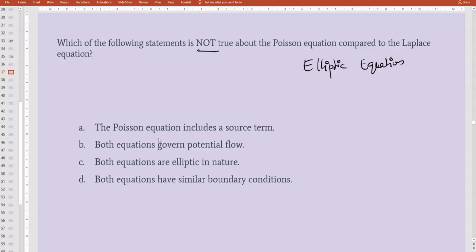Before that I will read the options. Option A, the Poisson equation includes a source term. Option B, both equations govern potential flow. Option C, both equations are elliptic in nature. Option D, both equations have similar boundary conditions. You can try to answer the question.